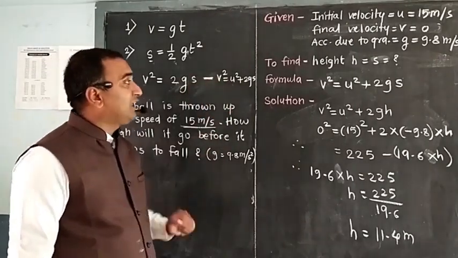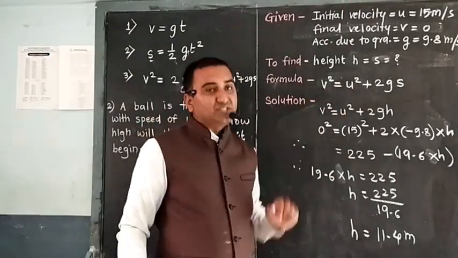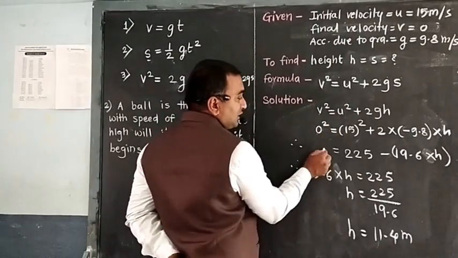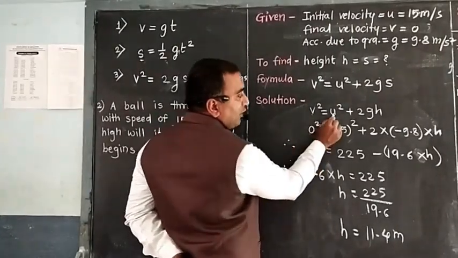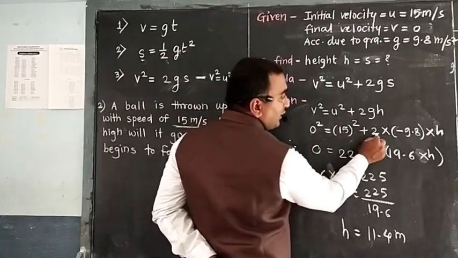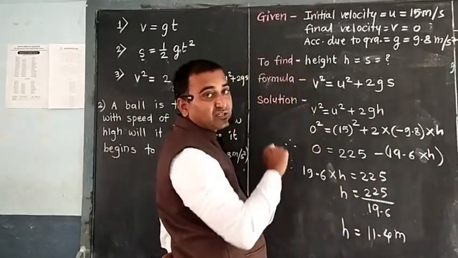So let's fill in these values. Which formula are we using here? v squared is equal to u squared plus 2gs. What is the value of v? 0, and 0 squared is 0. The value of u is 15, and 15 squared is 225. Then 2 into negative 9.8, because the object is moving upward so the acceleration is negative.